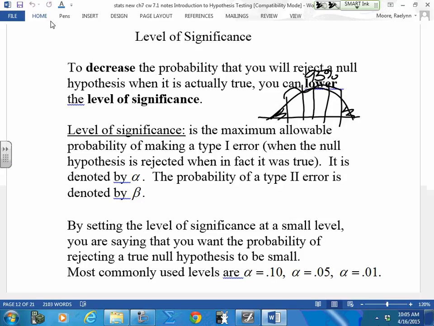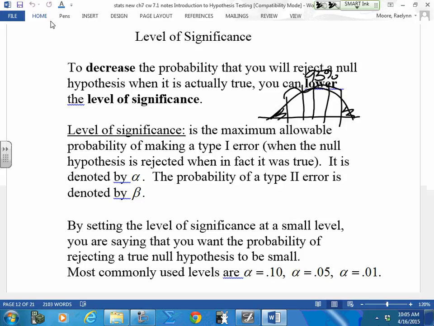This is your type 1 error. In other words, the null hypothesis is true, but your sample determined it to be an unusual event in the sampling distribution. You can decrease the probability of this happening by lowering your level of significance.